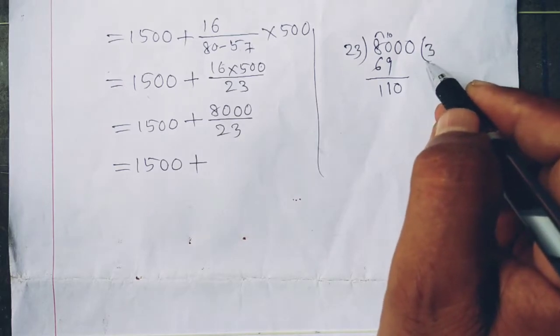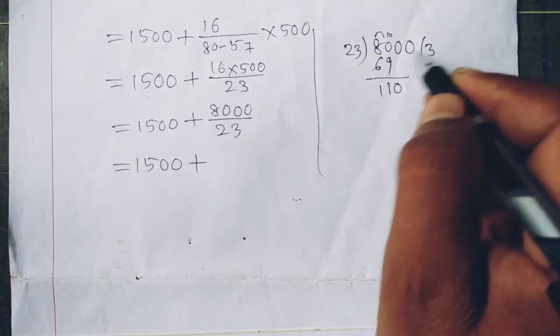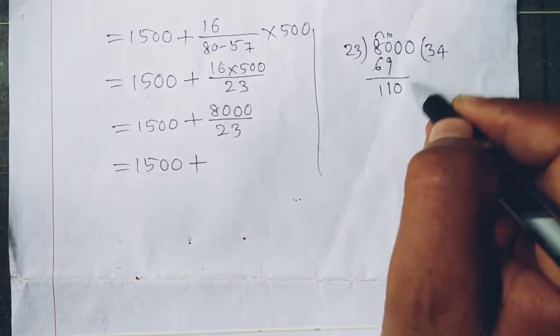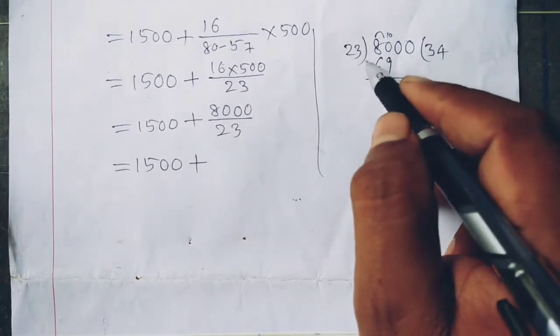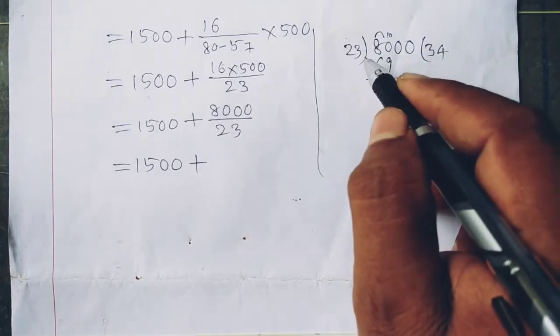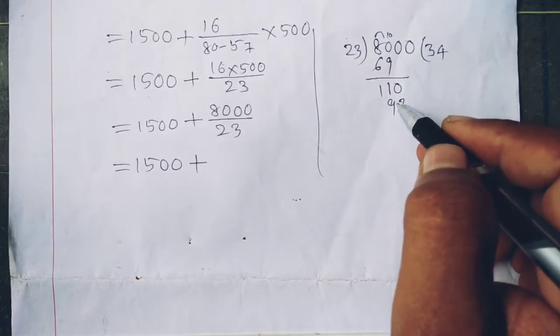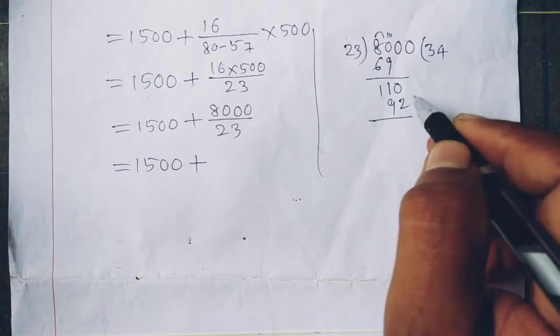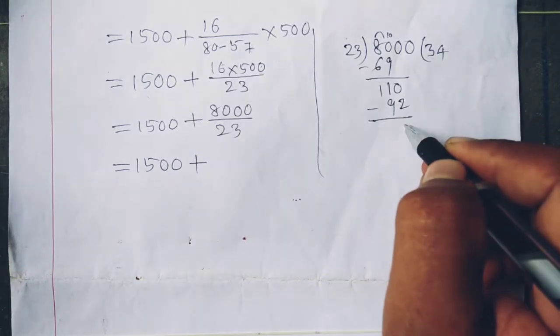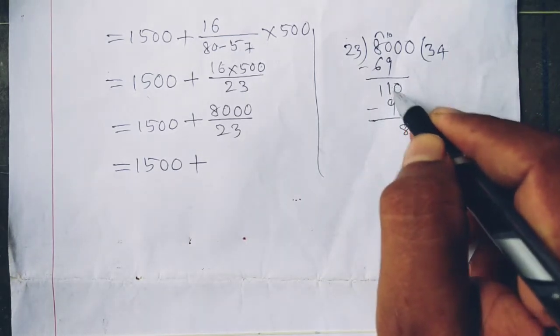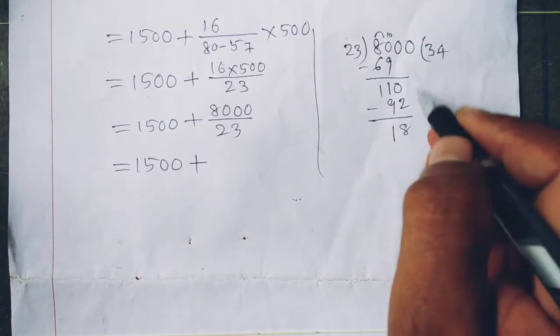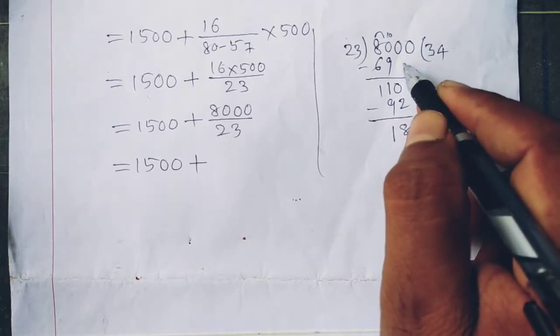Next, 23 4s are 92. Subtracting gives 18, and we bring down 0.